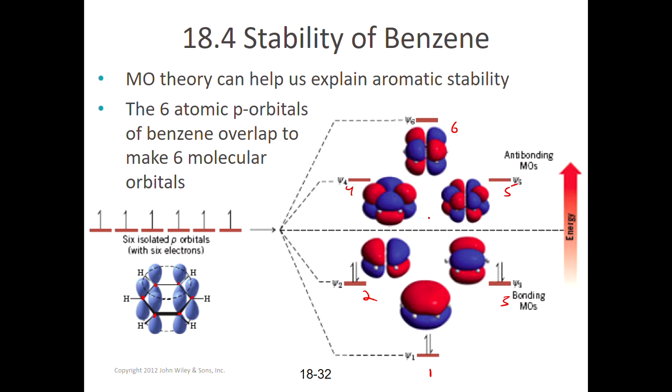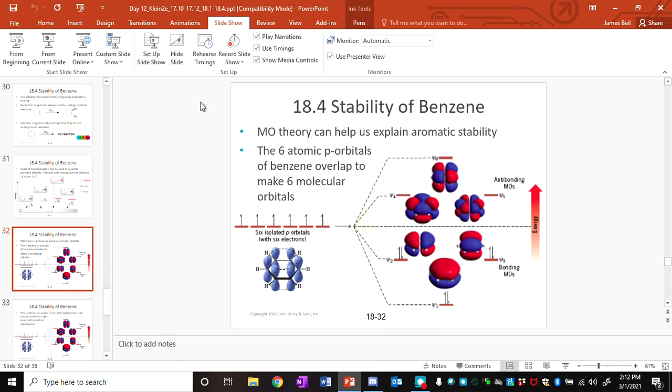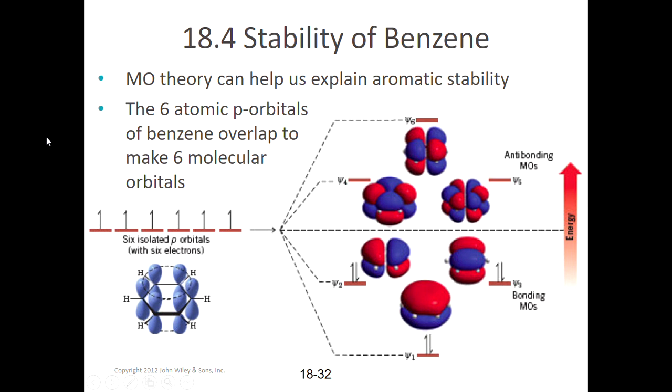It's kind of a difficult thing to predict because normally when we overlap atomic orbitals, the molecular orbitals that result are all at different energies, each one having one node more than the others. But this is an exception to that. In this situation, there's one that's especially stable.